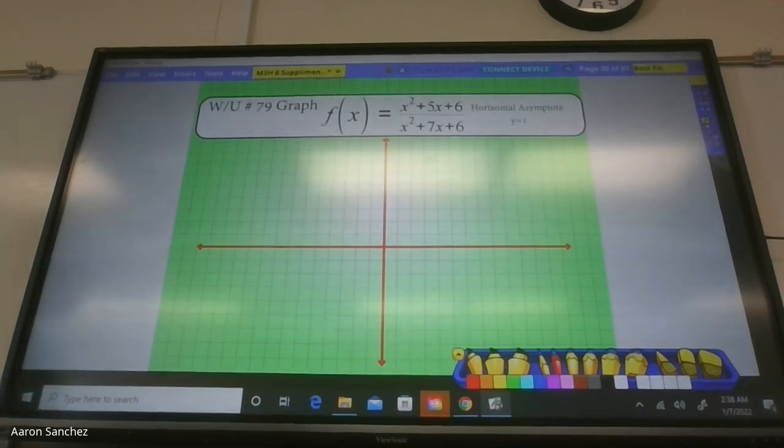Graph it all together. Why? Because of love. Graph it all together. Why? Because of love.